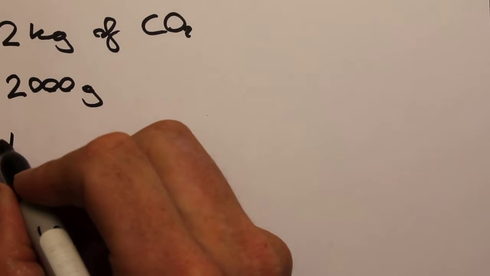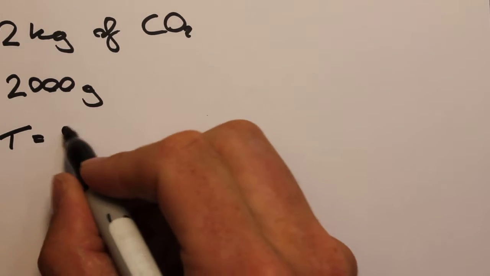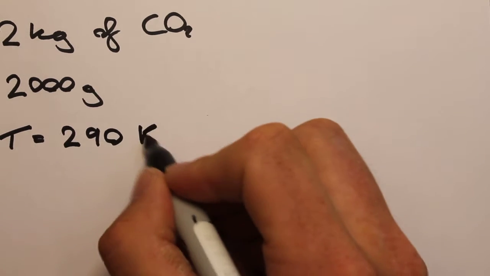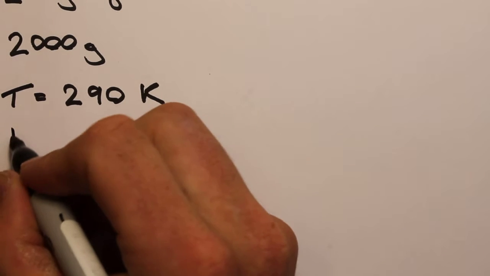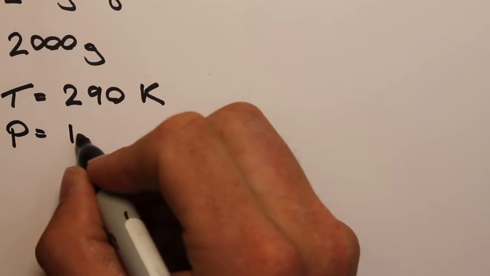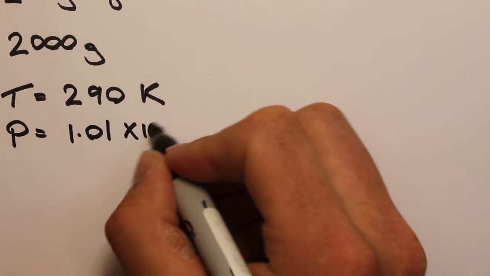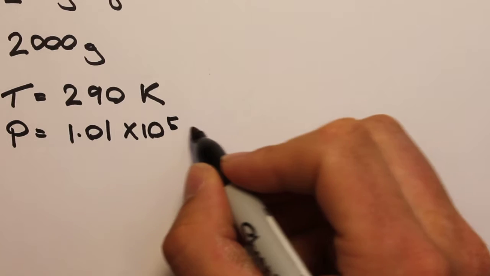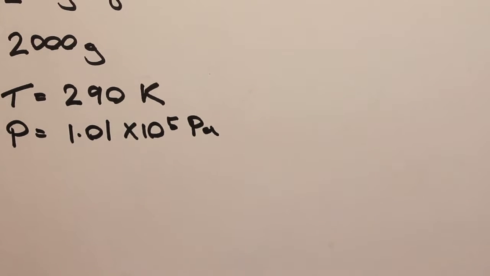We're told the temperature is equal to 290 Kelvin, and we're happy with that unit. We don't have to change that. We're told the pressure is equal to 1.01 by 10 to the 5 pascals, and we're happy to work in pascals as well.